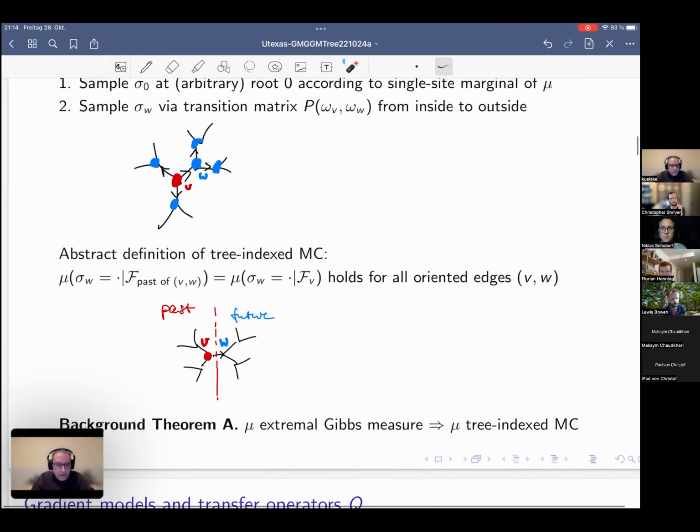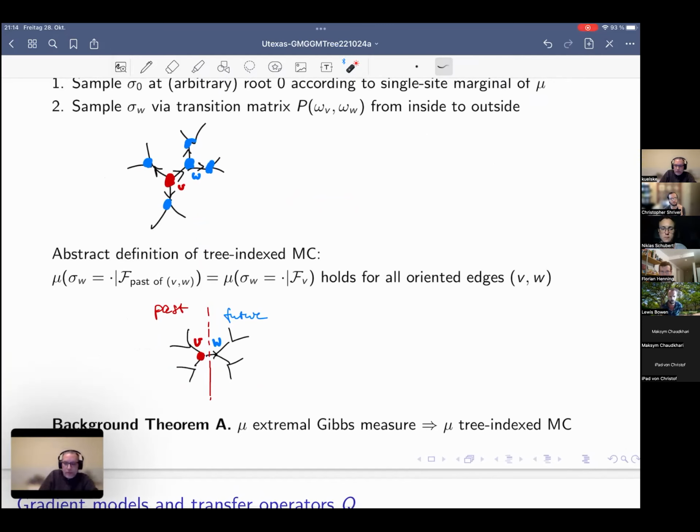Okay, so there's also an abstract definition, what it means to be a tree indexed Markov chain. Namely, it goes like this. You take the tree, yes, here's the tree. So you single out some edge, and you take the edge with an orientation. Actually, you need to consider both orientations, this one and this one. Then you say, when do I have a tree indexed Markov chain?